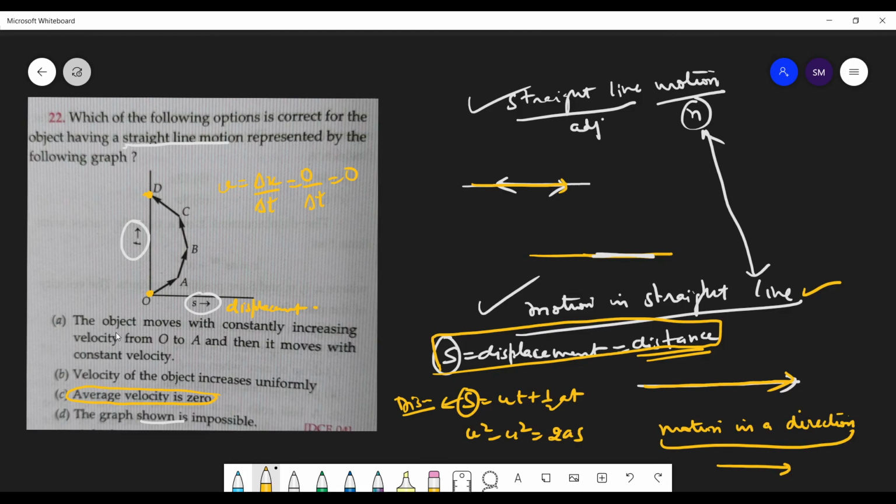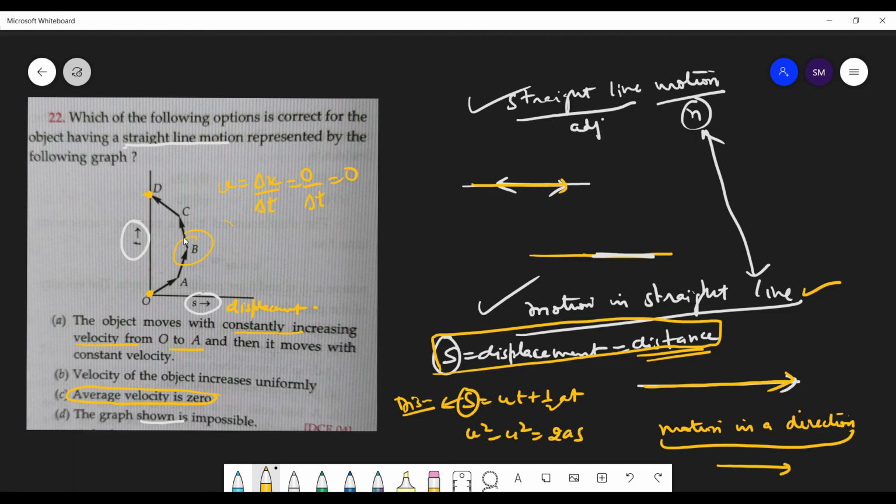What about option A? The object moves with constantly increasing velocity from O to A. Is the velocity constantly increasing? No? If the velocity is constantly increasing, then how can this distance or displacement decrease? So the graph shown is impossible.